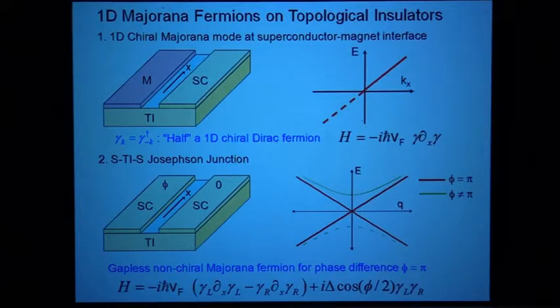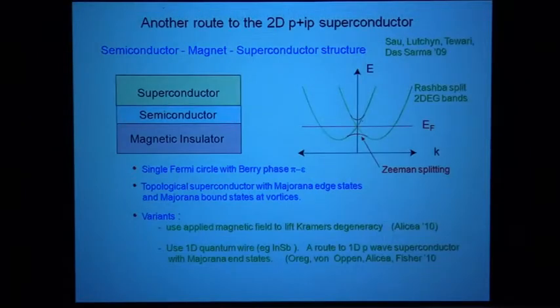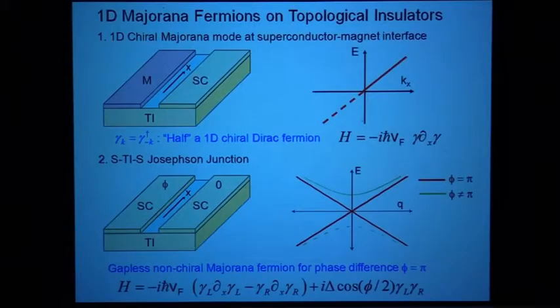Or you can have a Josephson junction between superconductors, and then when the phase difference is equal to pi on this Josephson junction, you have a non-chiral Majorana mode. So there are different ways that you can introduce topological superconductivity in these topological insulator type structures.